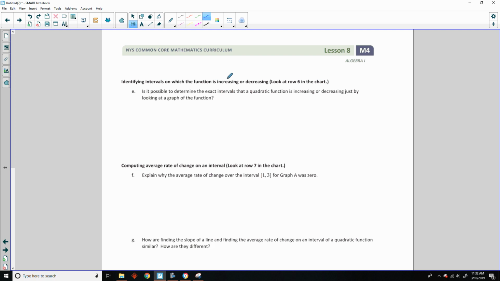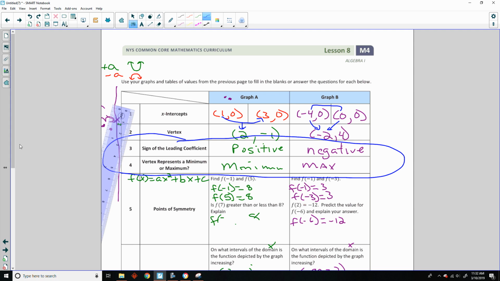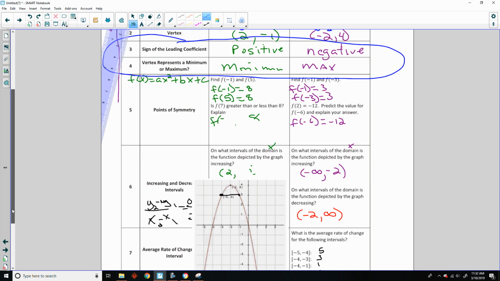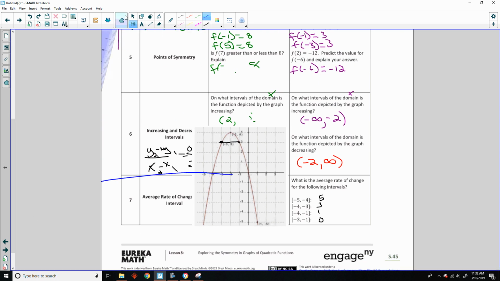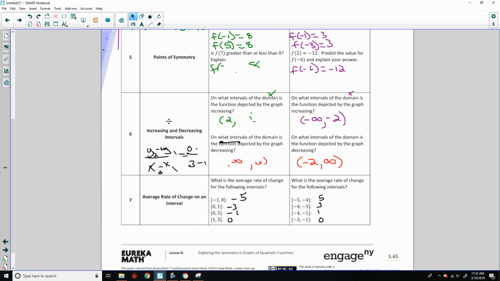Identifying intervals on which the function is increasing or decreasing. Look at row 6 in the chart. Let's look at row 6 in the chart. Get this out of the way. Row 6 in the chart is right here. This was infinity, I think.